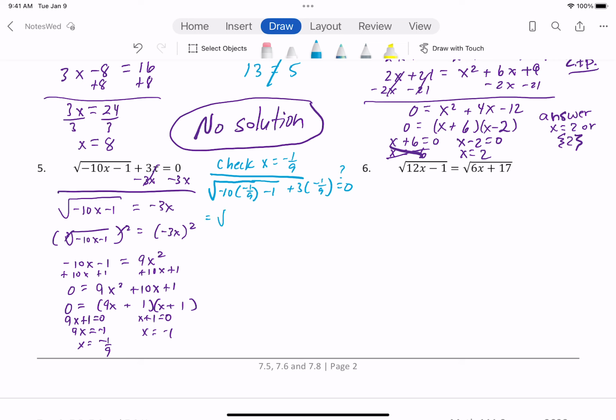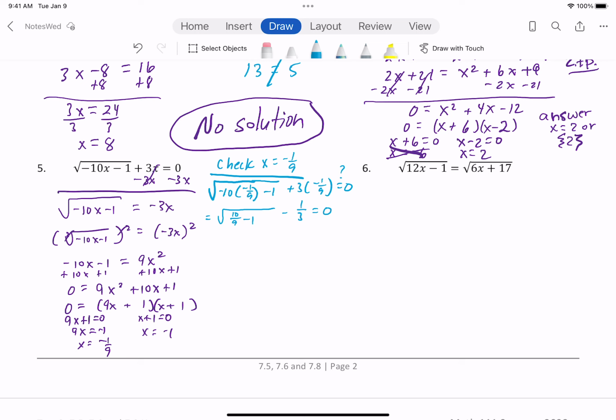You don't have to show a lot of steps here. If you put that whole thing in the calculator, it doesn't bother me. I'm going to show a couple of steps, and it's just because I want you to be able to check as you work along. So that first term is just going to become positive 10/9 minus 1, and then it's minus 1/3 equals 0.